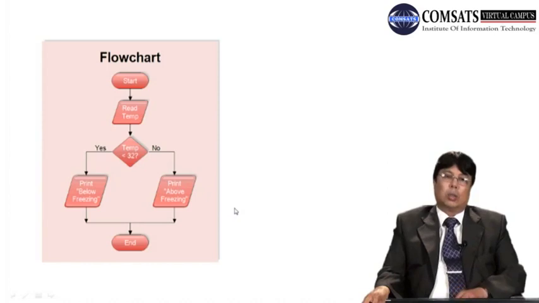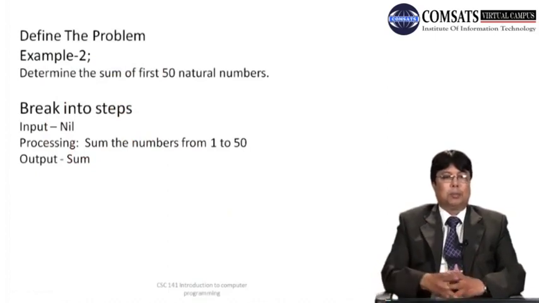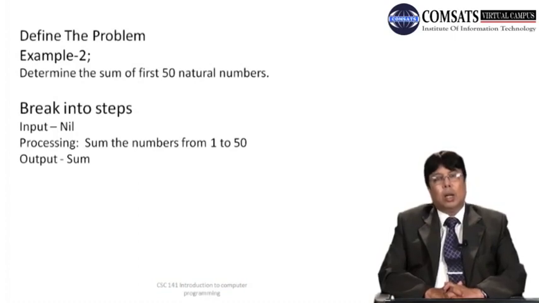Good. So I think you have a good understanding of the flowchart. Let's take few more examples. I'd like to use couple of more examples to repeat the pseudocode and the flowchart.